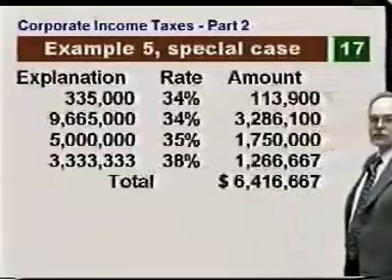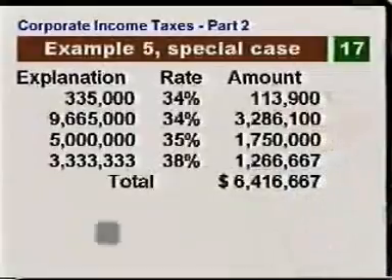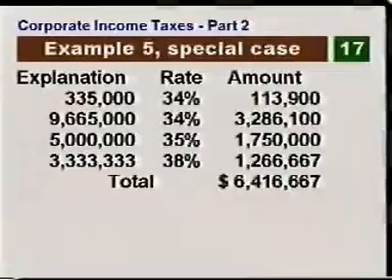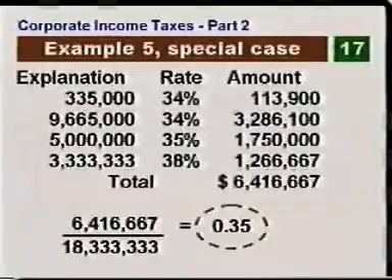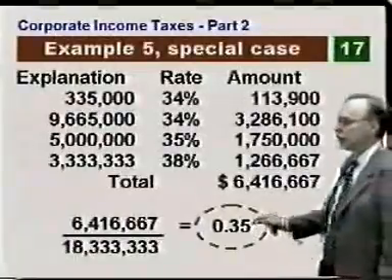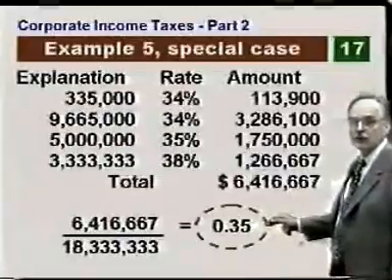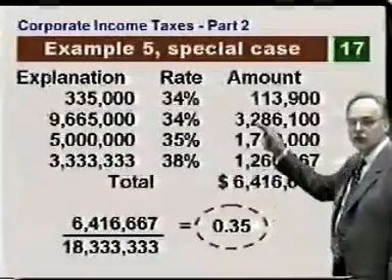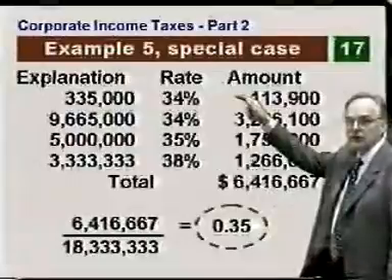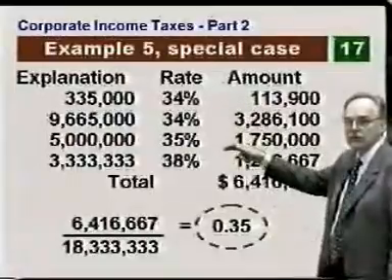That generates a total tax of $6,416,667. So if we take that tax and divide it by the taxable income, that's 18 1/3 million, we get 35%. That's the average rate across those 7 ranges. 4 ranges really represented by this line, and then these 3 additional ranges.